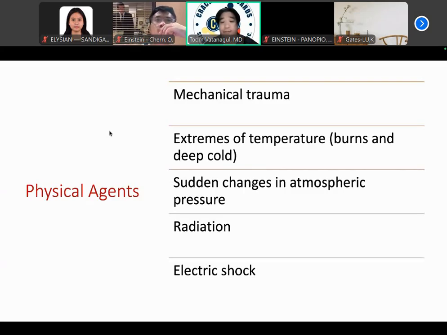Then we have sudden changes in atmospheric pressure. Then we have radiation and electric shock.